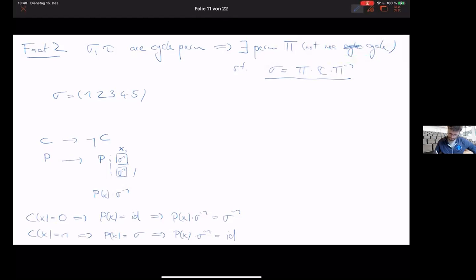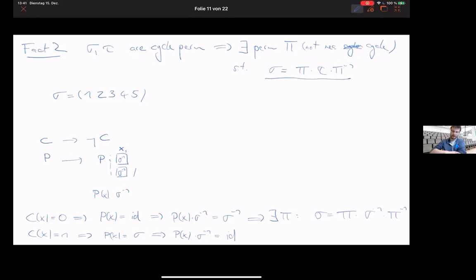So I know that there exists a pi such that sigma is equal to pi times sigma inverse times pi inverse. And with that I essentially have it.